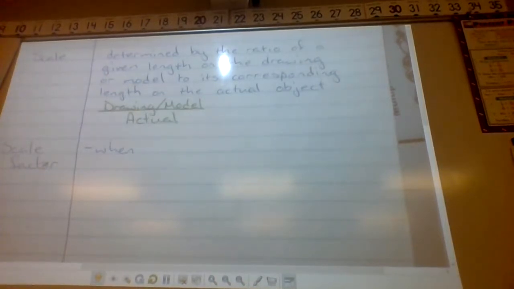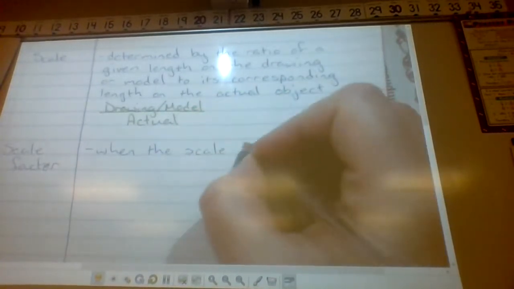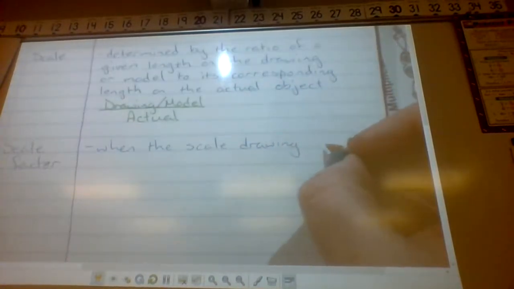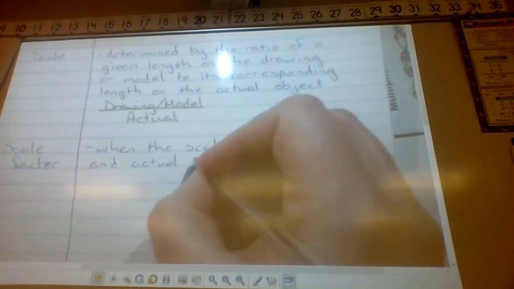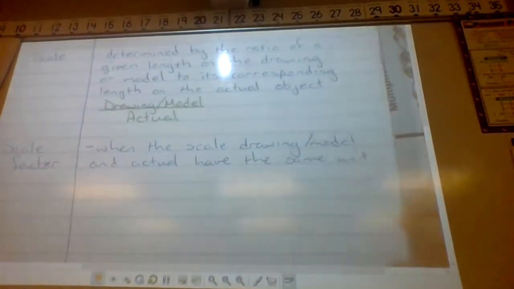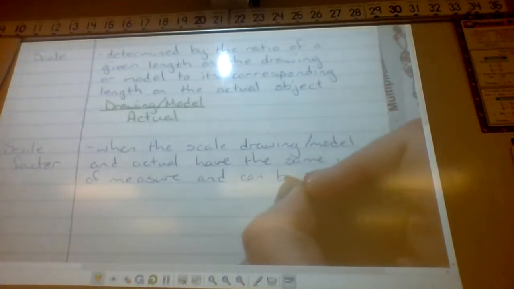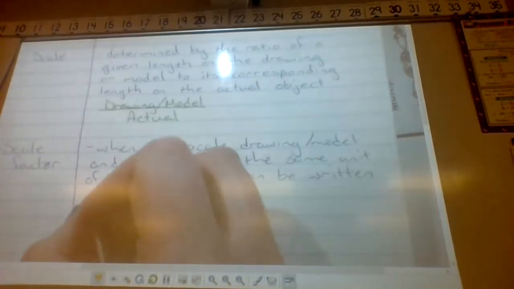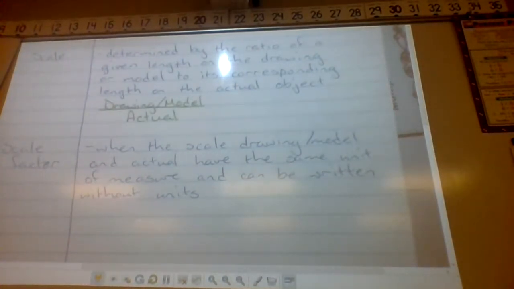It's when the scale drawing or model and the actual have the same unit of measure and can be written without any units at all.